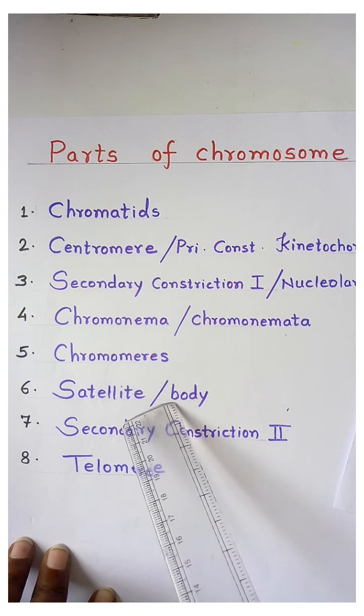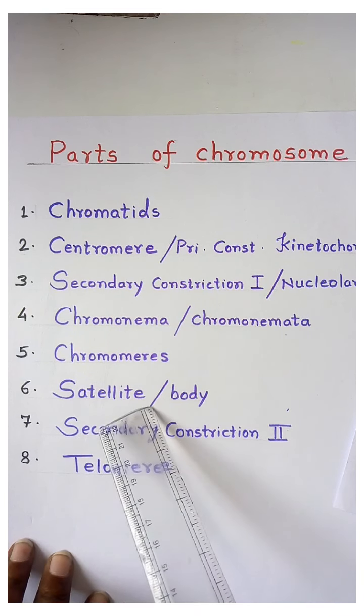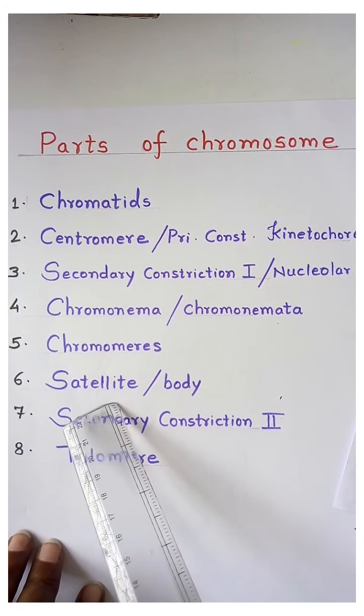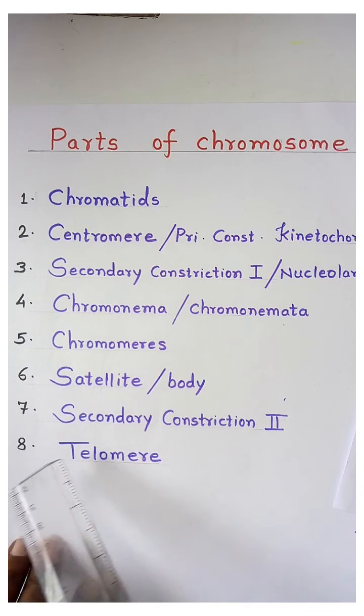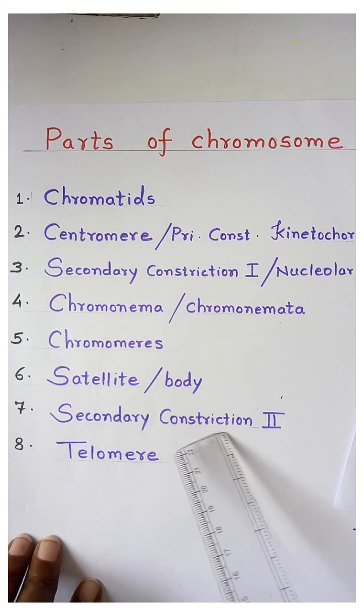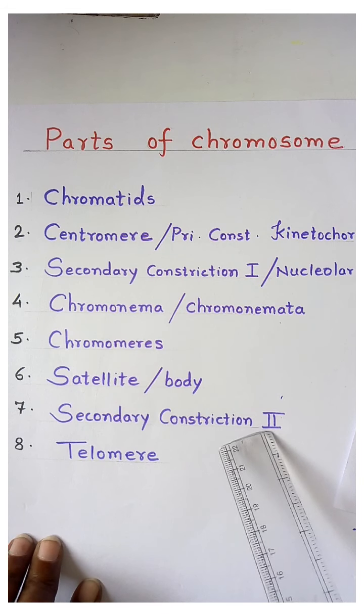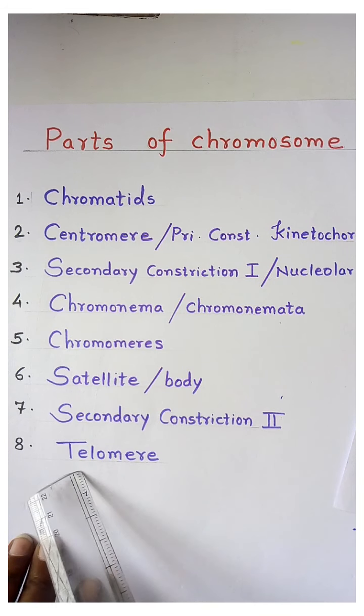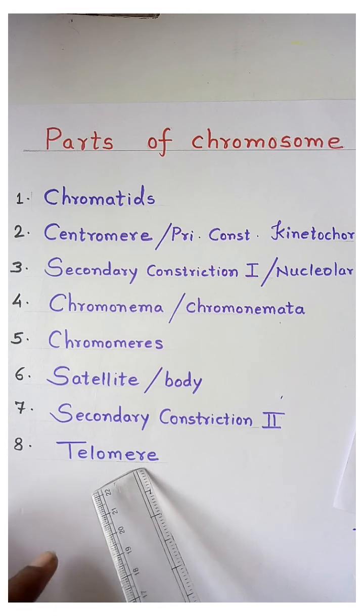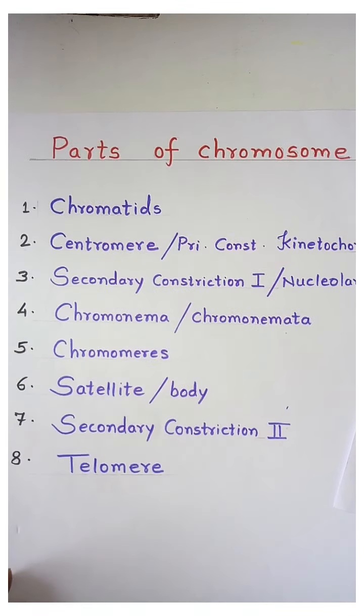Satellite or satellite body: when satellite is present along with chromosome, then that chromosome is called satellite chromosome. Secondary constriction 2 is mainly concerned with synthesis of rRNA, and telomere is the end part of the chromosome.